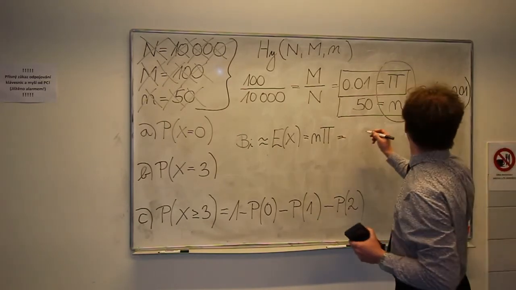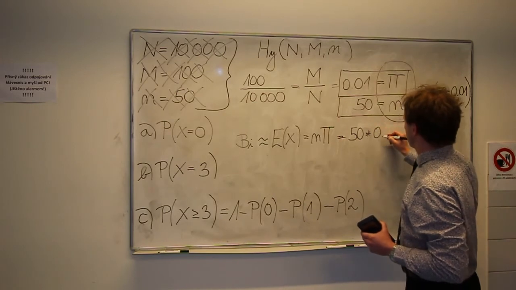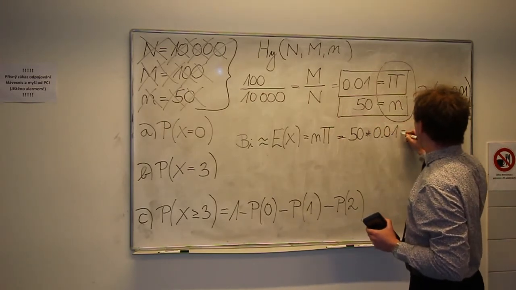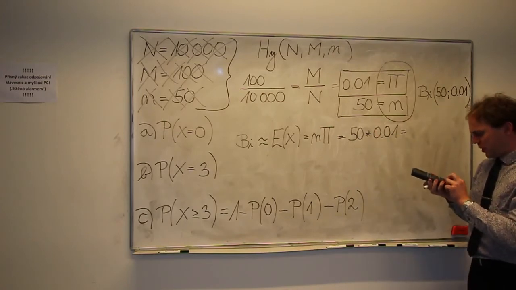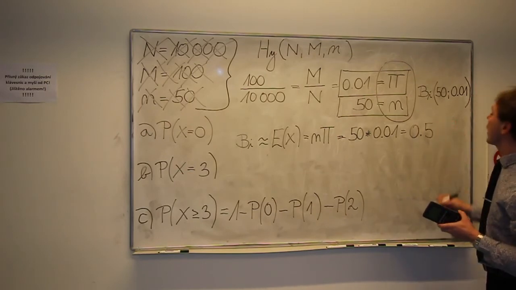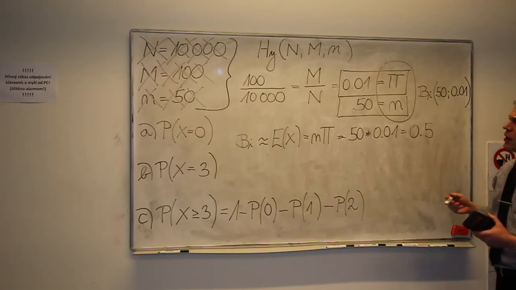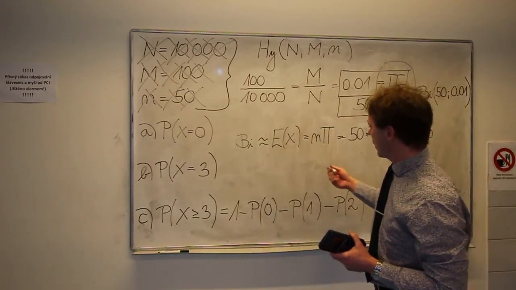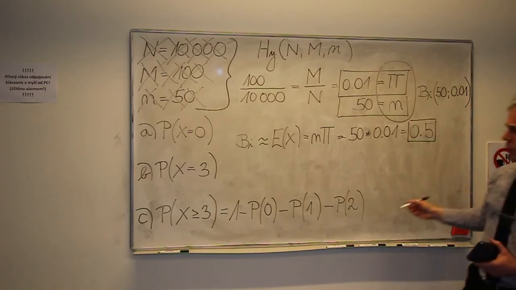In our situation, 50 times 0.01. Do you know how many is 50 times 0.01? 0.5. Okay. So this is the expected value, and which other distribution uses expected value equal to some number? Poisson distribution.